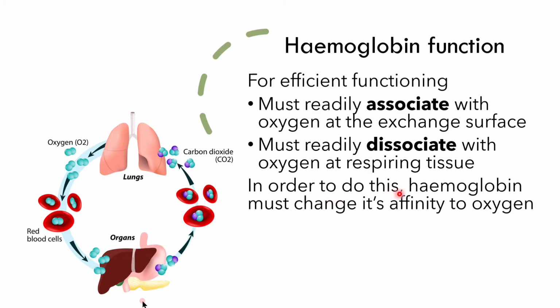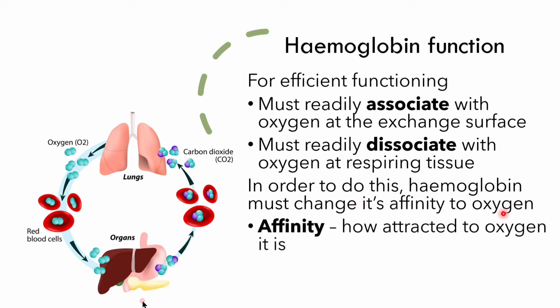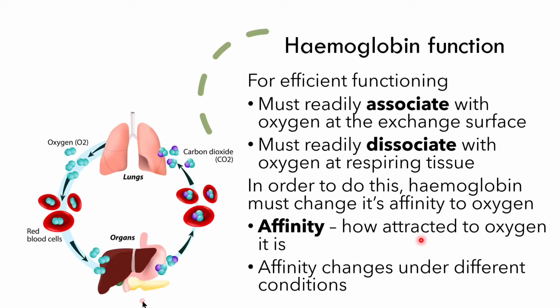And in order to do this, our haemoglobin must change its affinity to oxygen. Affinity is how attracted the haemoglobin is to oxygen. So in order for it to associate and dissociate readily in different conditions, the haemoglobin must change how attracted to oxygen it is.